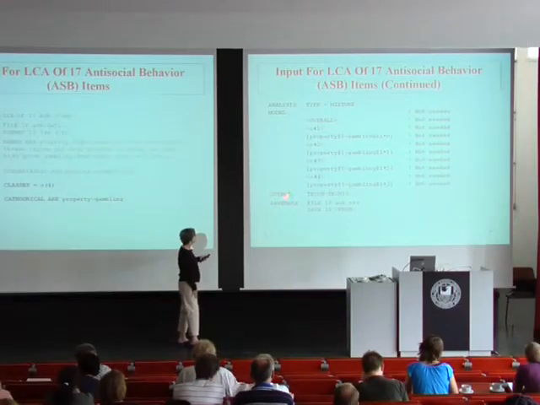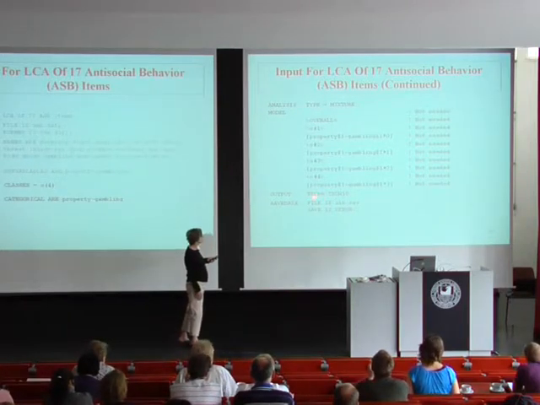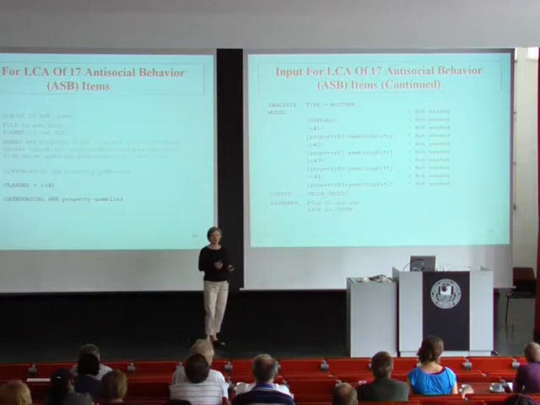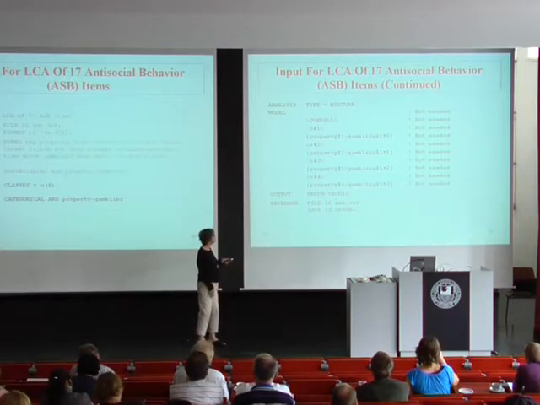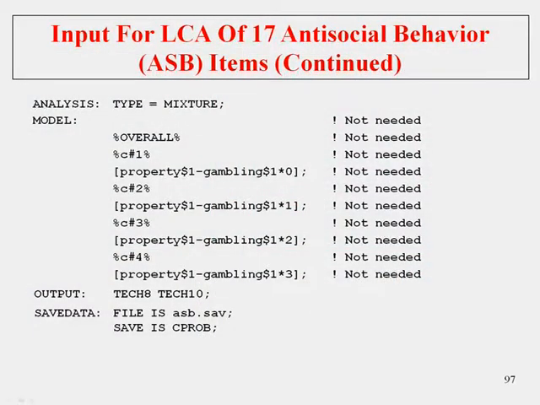In the output command, you can ask for Tech 8. That's the technical part, and it comes to the screen, and you can see how the analysis is progressing. And Tech 10, which we talked about earlier, and that's the residuals, the univariate, bivariate, and response pattern residuals when you have categorical outcomes. Save data.